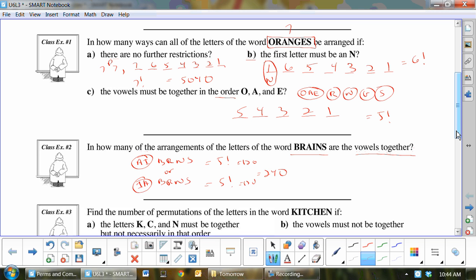How about if it's 4 letters? Good. So, can you come up with a formula or a way to do grouping questions where the letters can be in any order? It's not so easy, is it?